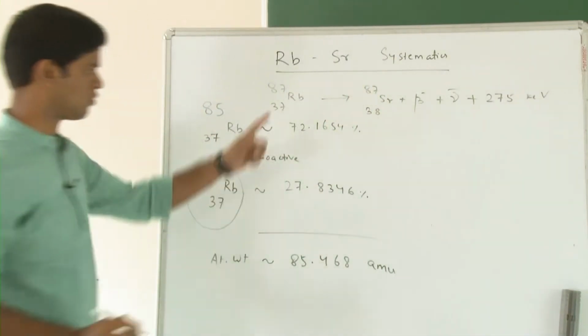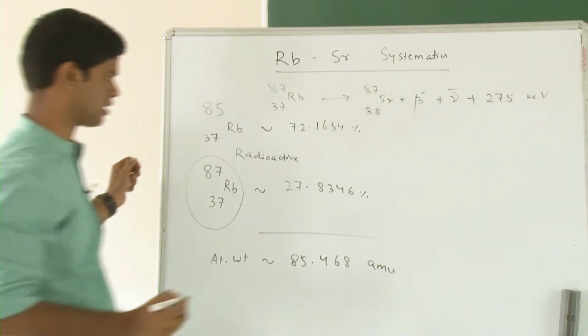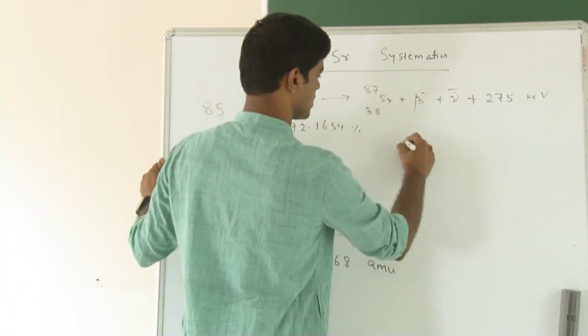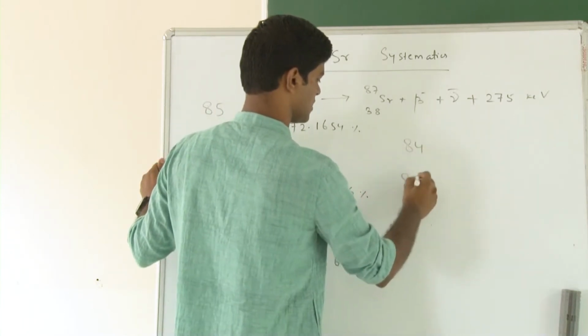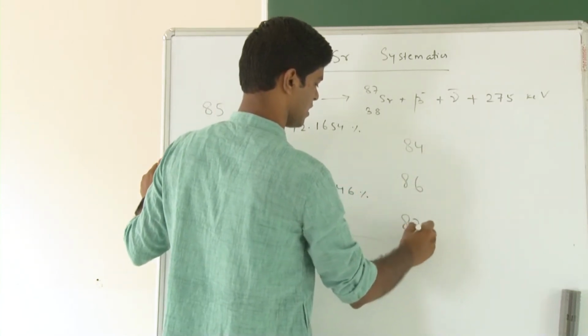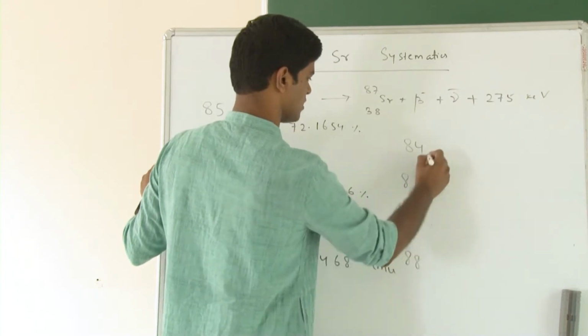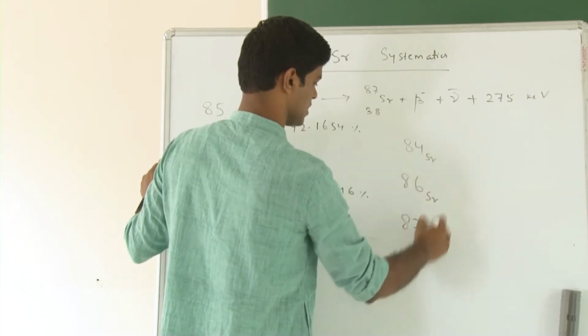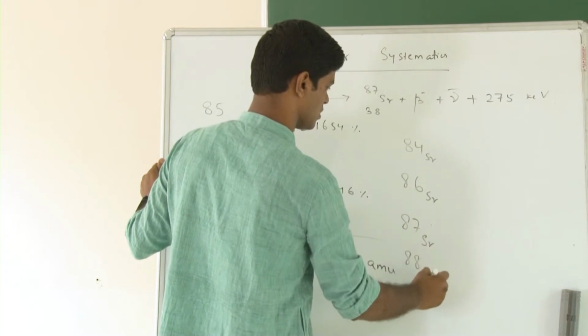Okay. So, we know strontium has four naturally occurring isotopes. These are 84, 86, 87 and 88.